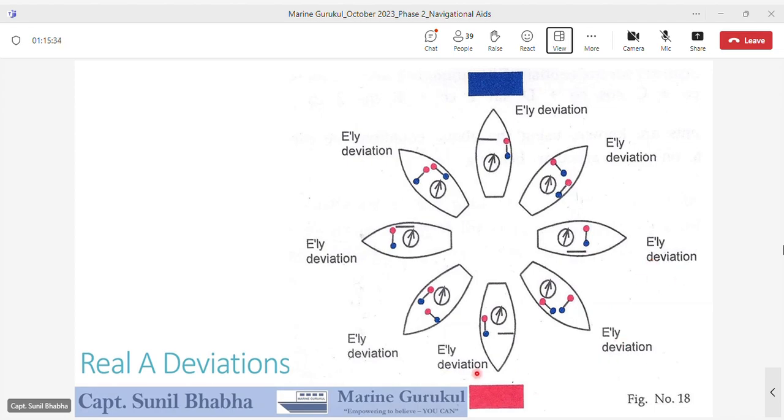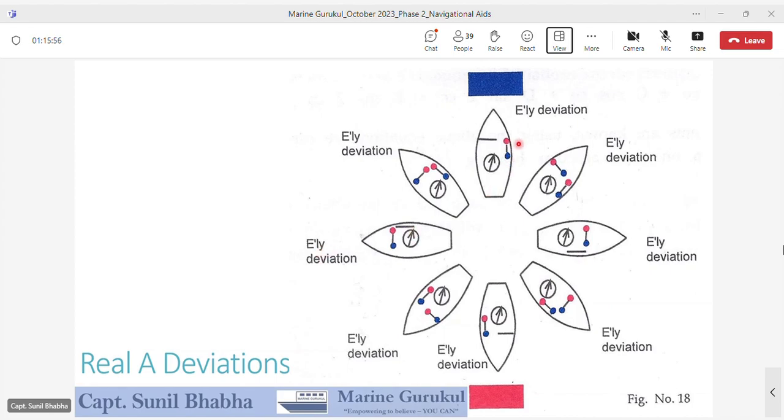On all the headings, they are denoting that the vessel has an easterly deviation. And in the definition of coefficient A, we have seen that it generates a constant deviation irrespective of the heading. So we will try to see now how does this deviation remain constant over all the headings.